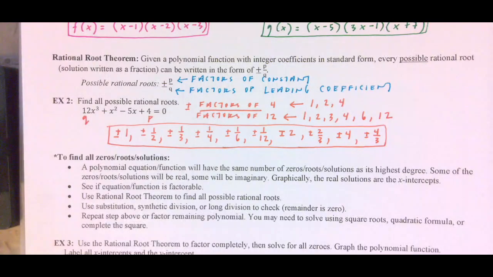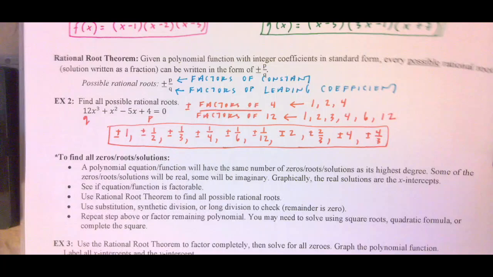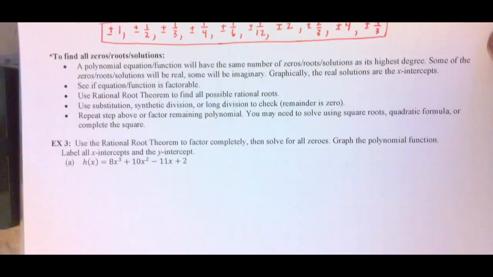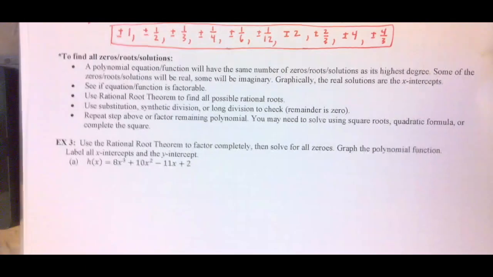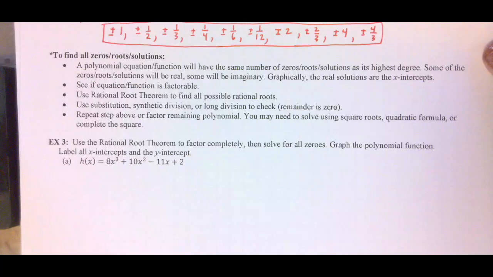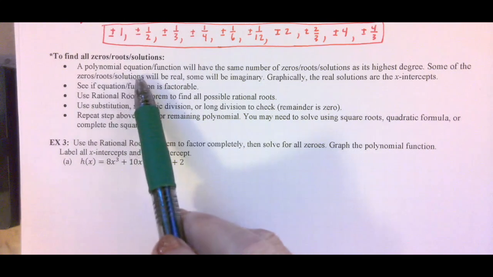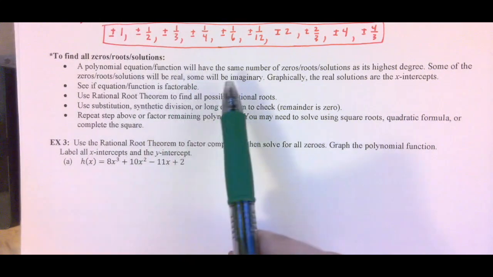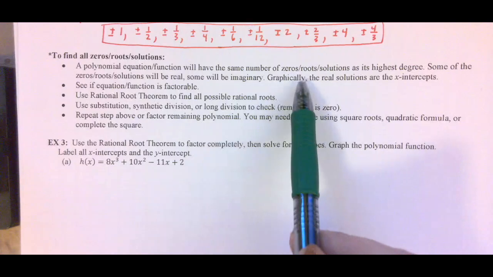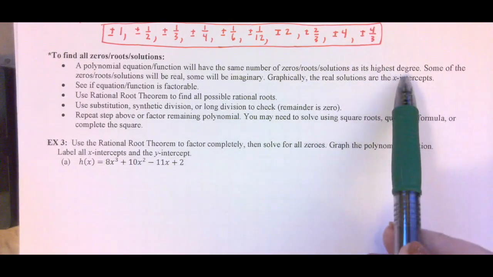All right, so now building off of that, now we're going to say, well, can you find all of the zeros? And sometimes we call those roots, and sometimes we call them solutions. So a lot of that language is interchangeable. So things to keep in mind. A polynomial equation or function will have the same number of zeros, roots, solutions as its highest degree.